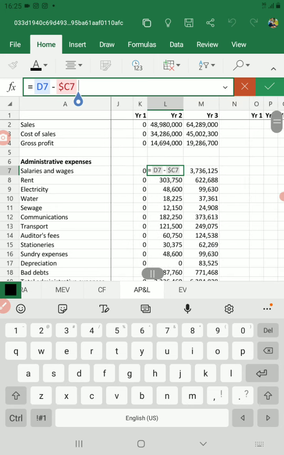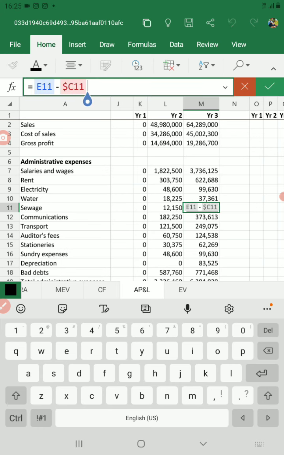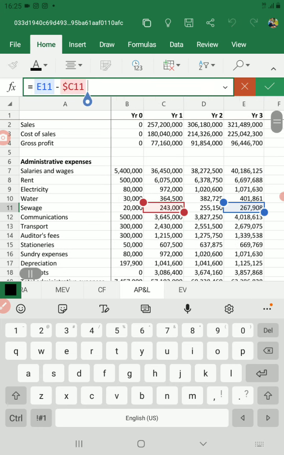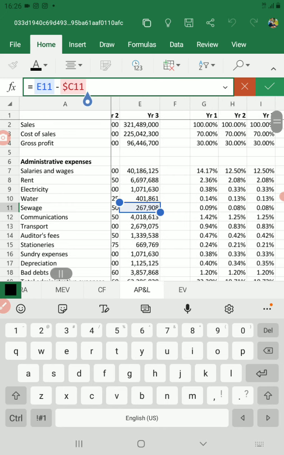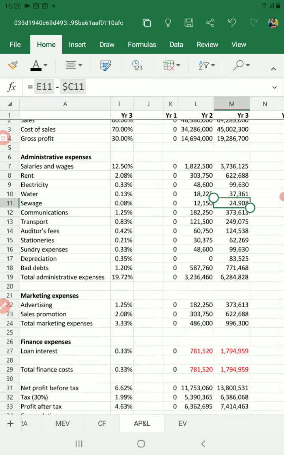And if I go to here, somewhere here, it has taken year 3 minus year 1. So column wise I will always be in C, but row wise I am relative. That's the use of the formula there. That's why I could drag it down. So that is absolute value.